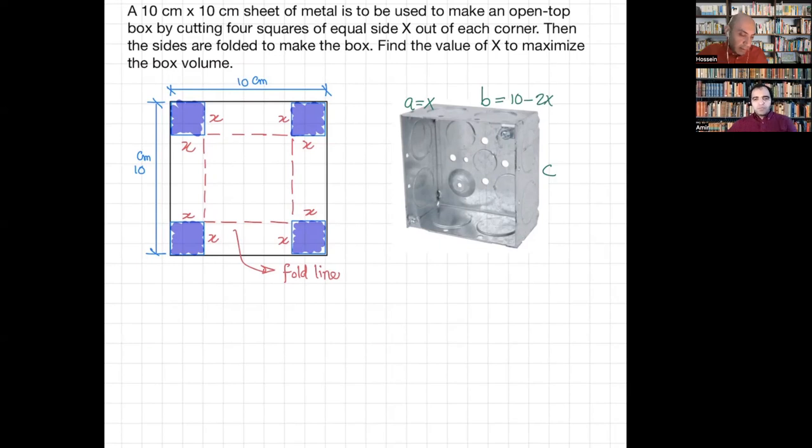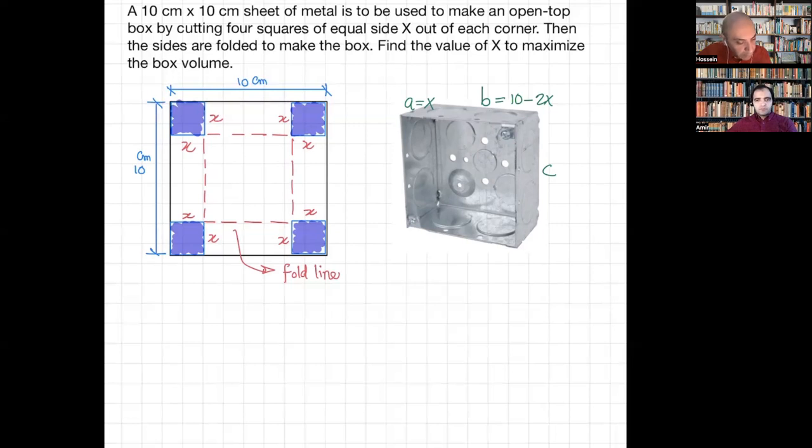Could you please show B on the left sketch? Sure. B is this, from here to here. You can use the laser pointer.